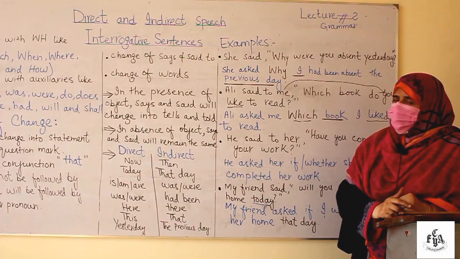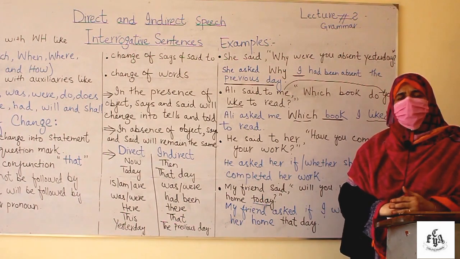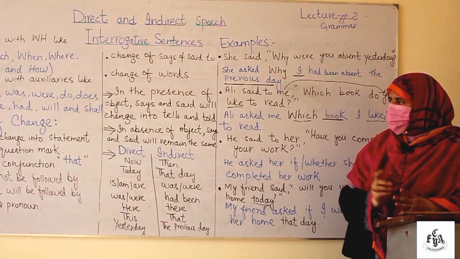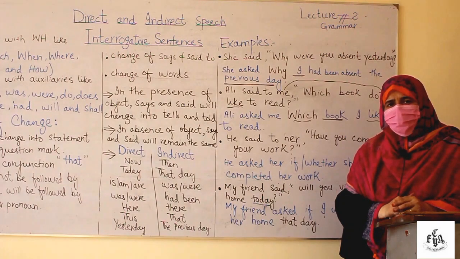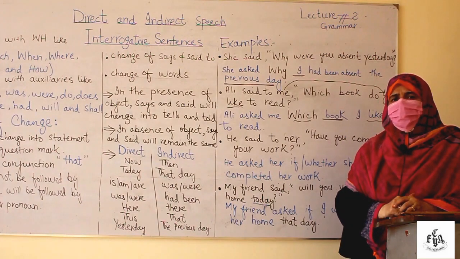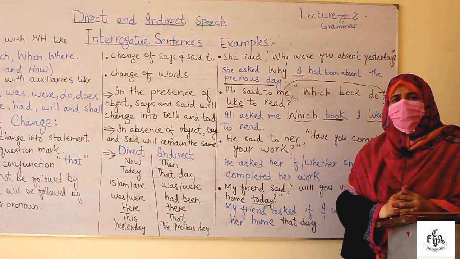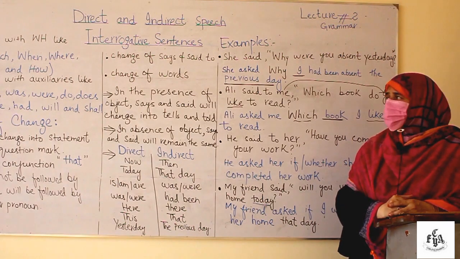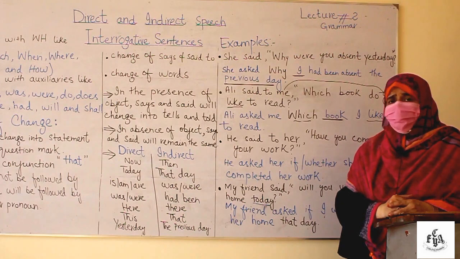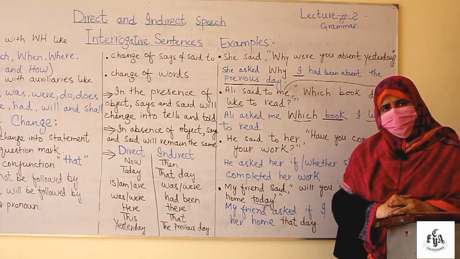So you can easily know, you just have to follow whatever rules of change I have given you. If you follow that, it would be very easy for you to change direct speech with interrogative sentences into indirect speech.